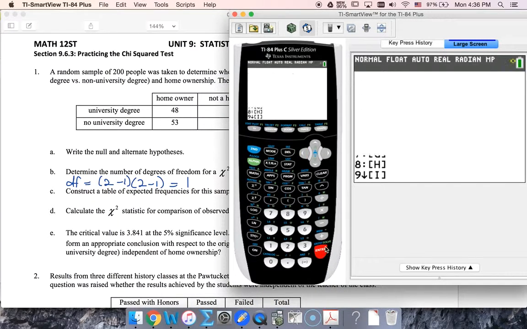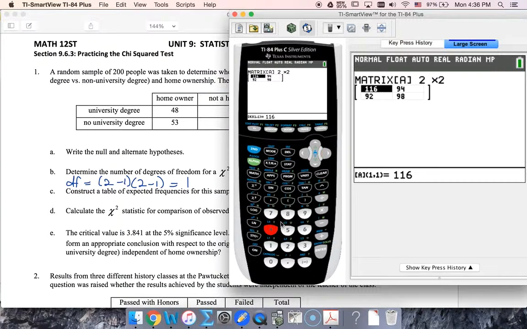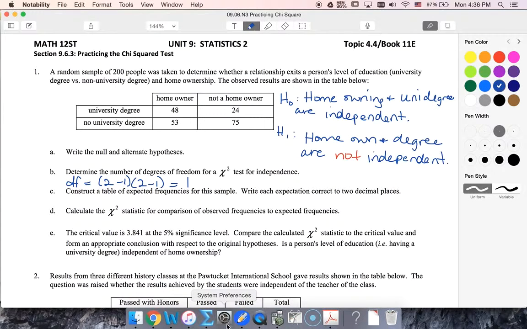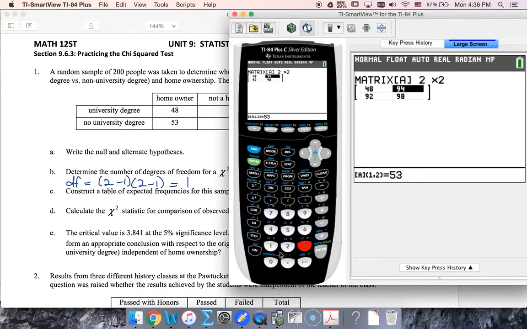So I'm going to edit matrix A and put in my observed values. So this is also a 2 by 2 matrix. So I'm going to put in my 48 and 53, oh, not 53 there, sorry, 24. So let's put in 24, and then the 53, and then the 75.